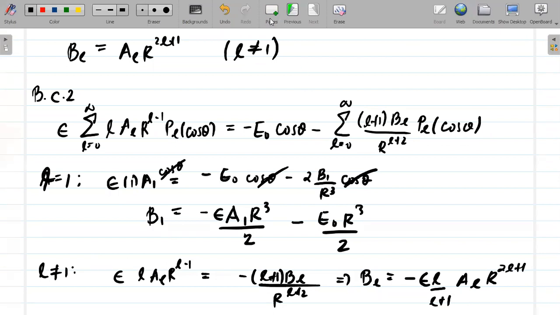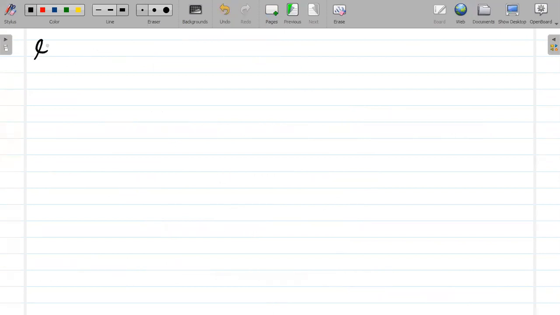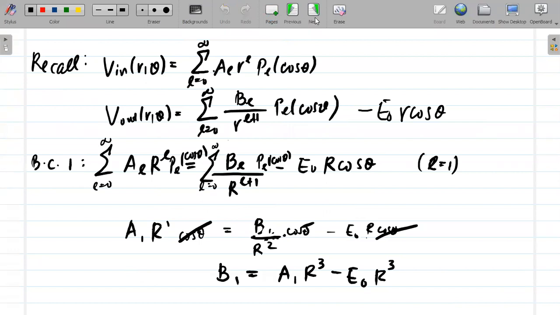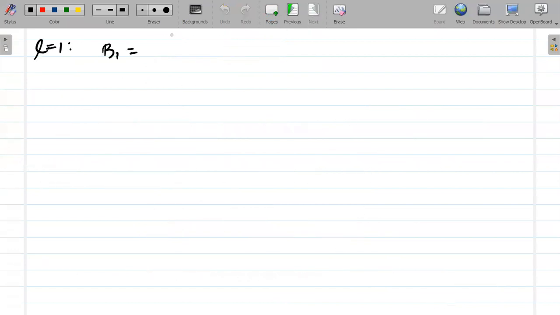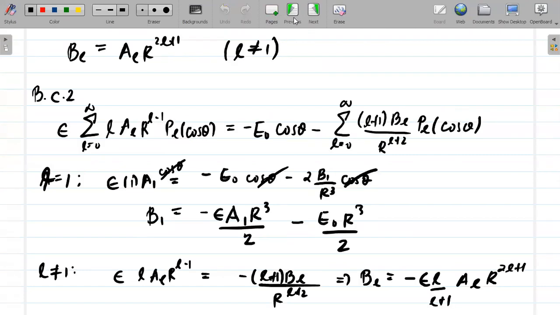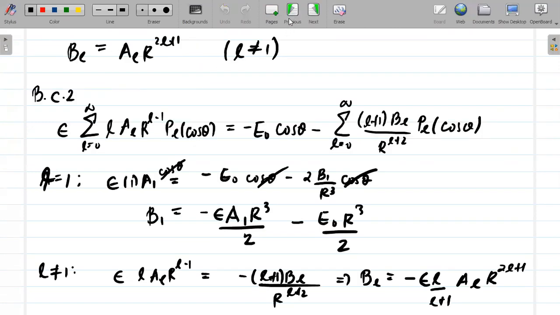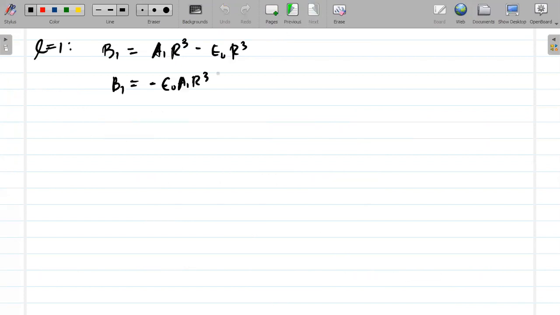Now, class, next. For L equals 1, we have B1 that is equal to A1 R cube minus E naught R cube. Tapos, meron din tayong isa dito, which is B1 equals negative epsilon A1 R cube over 2 minus E naught R cube over 2.